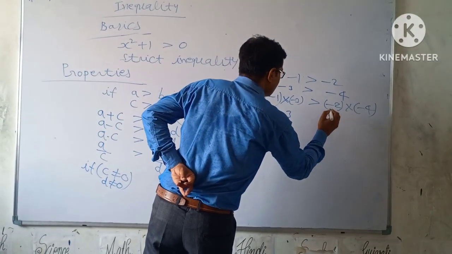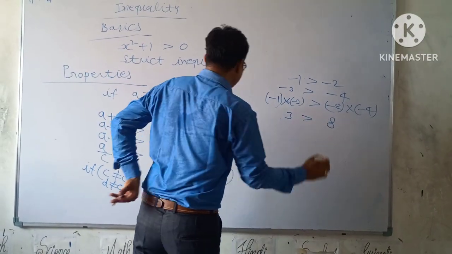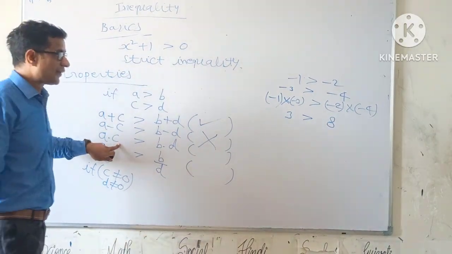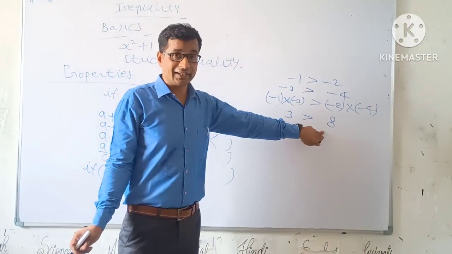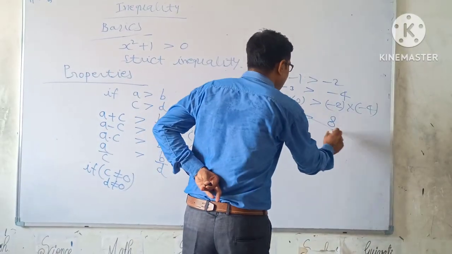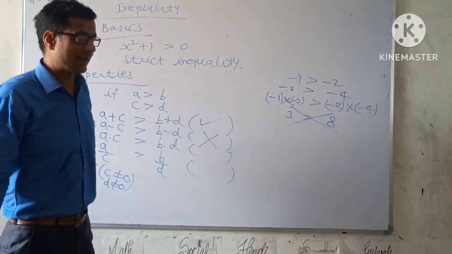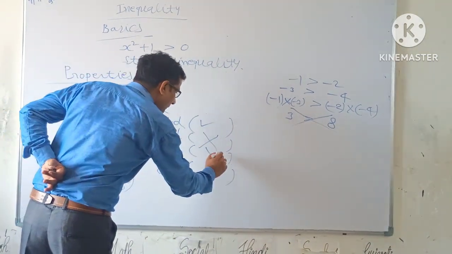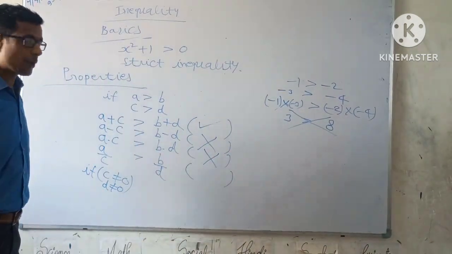We see that if we multiply these two inequalities of same nature, we are finding that 3 greater than 8, and we know very well that this is not possible, this is wrong. 3 is not greater than 8. Means again multiplication fails, means we cannot multiply two inequalities of same nature.